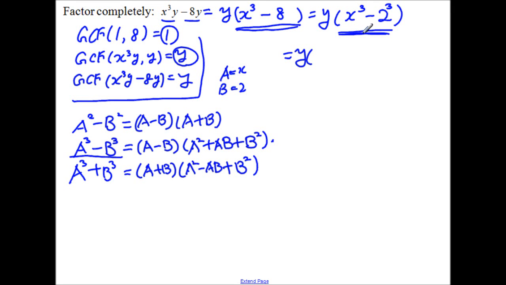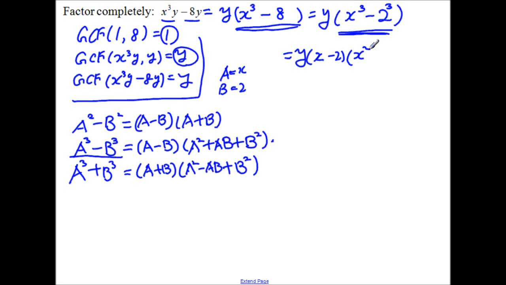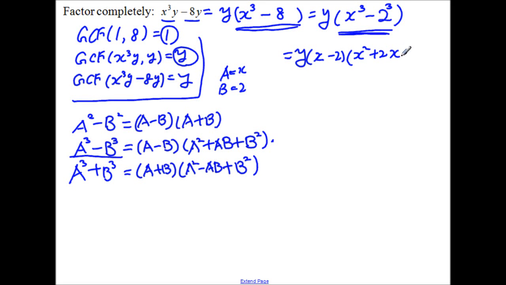So x to the third minus 2 to the third is factored into a minus b, which is x minus 2, times a squared, which is x squared, plus ab, which is 2x, plus b squared, which is 2 squared.